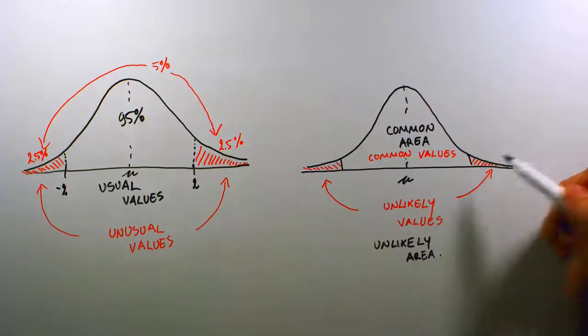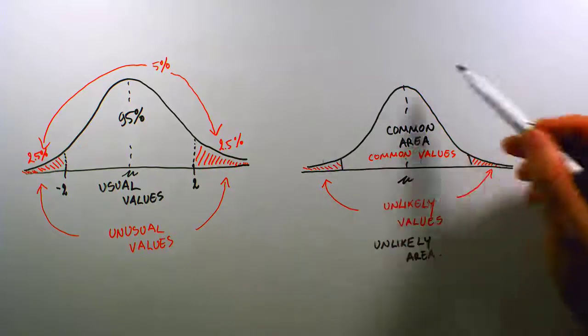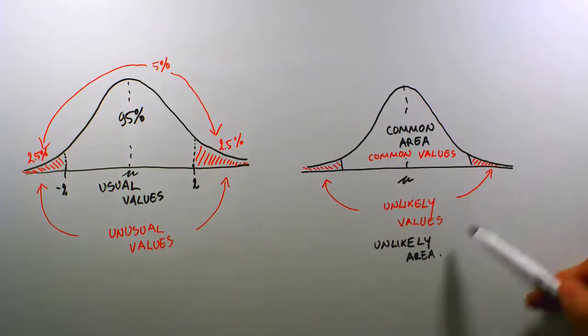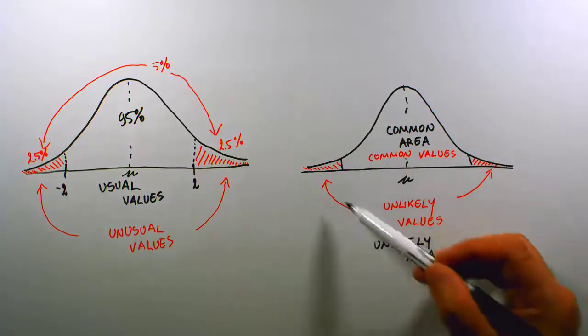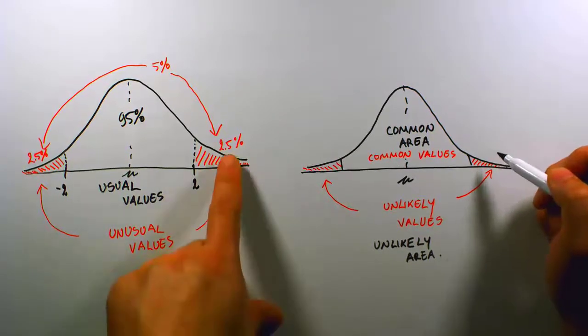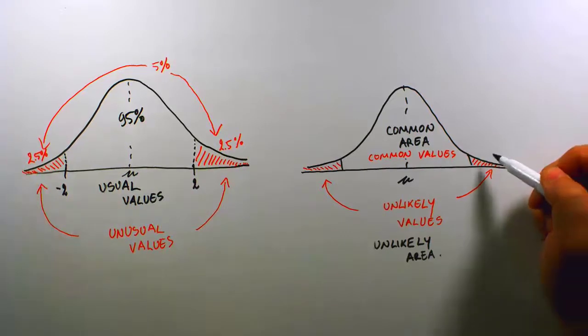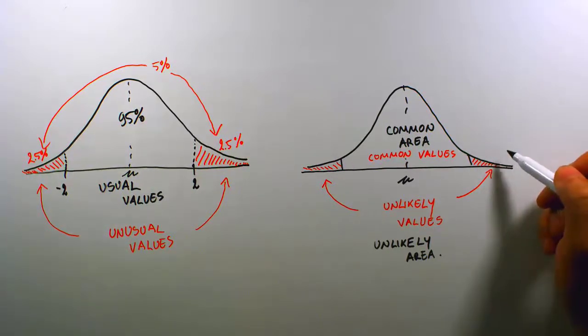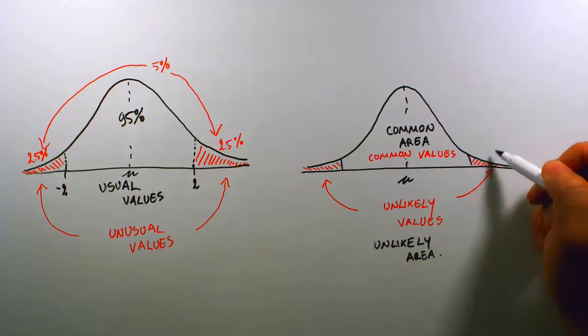And so in a general idea here, each one of the unlikely areas can be even smaller than 2.5% to be regarded as unlikely values, indicating low probability.